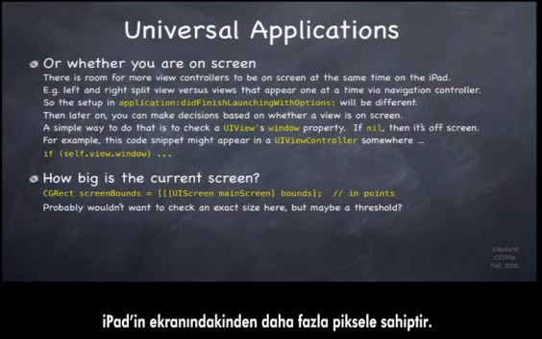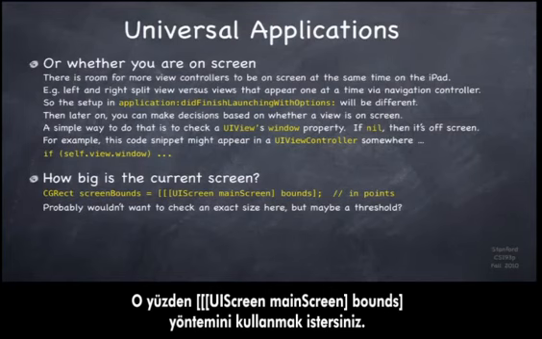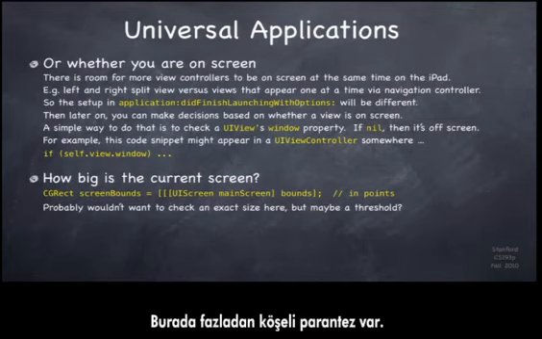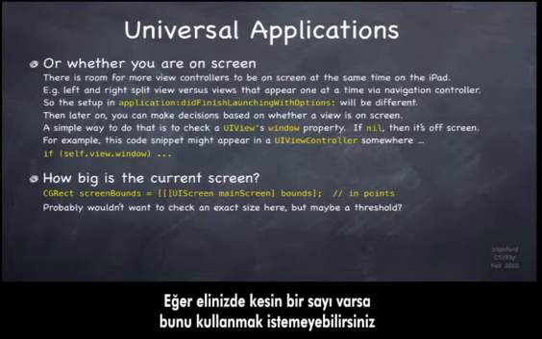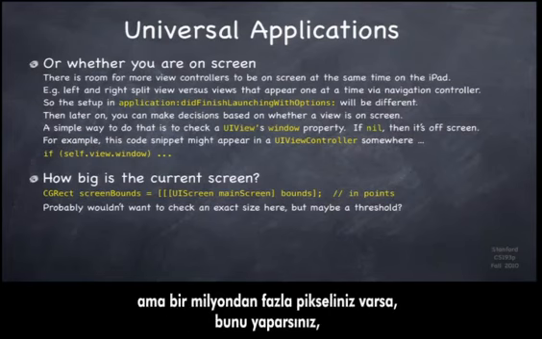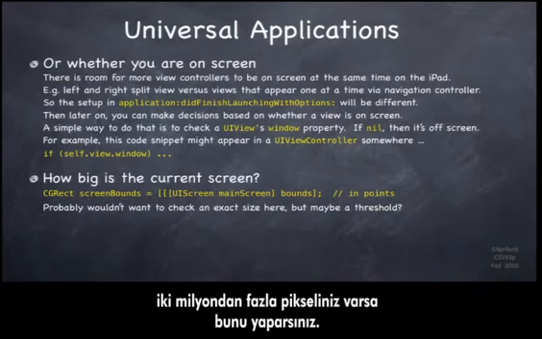So you want to use this method, [UIScreen mainScreen].bounds. It'll return a rectangle of your screen's bounds in points. You probably wouldn't want to check if it's exactly a certain number, but you might say, if I have more than 1 million pixels, then I'll do this. If it's more than 2 million, I might do that. Make a decision based on that.